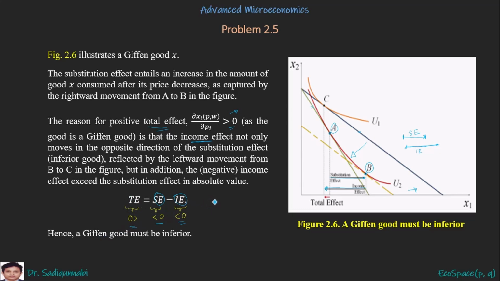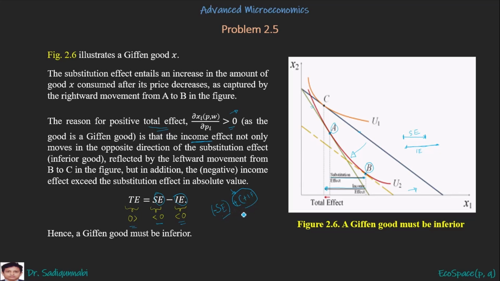Why? Because SE itself is negative, minus IE. So this minus and this minus becomes positive, and there is a negative sign here. So the absolute value of this is bigger than that. So that's why TE is positive.